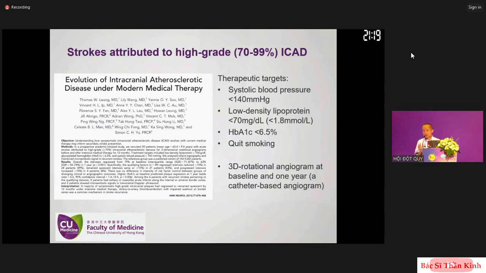So we treated them aggressively with medical therapy. Here you see systolic blood pressure less than 140, the low-density lipoprotein less than 70 milligram per deciliter, which is less than 1.8 millimoles per liter, the hemoglobin A1C less than 6.5%, quit smoking, etc. So we performed 3D angiogram at baseline and in 1 year.